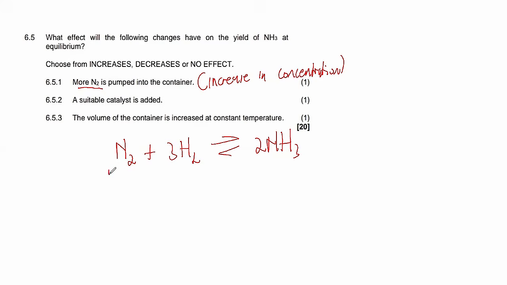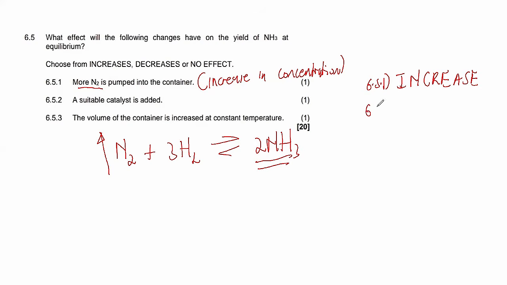If we increase the concentration of a reactant, then the forward reaction is favored. If the forward reaction is favored, that means there will be an increase in the yield of the product. There will be an increase in the yield of NH3. So we are supposed to say for 6.5.1, that means there will be an increase.